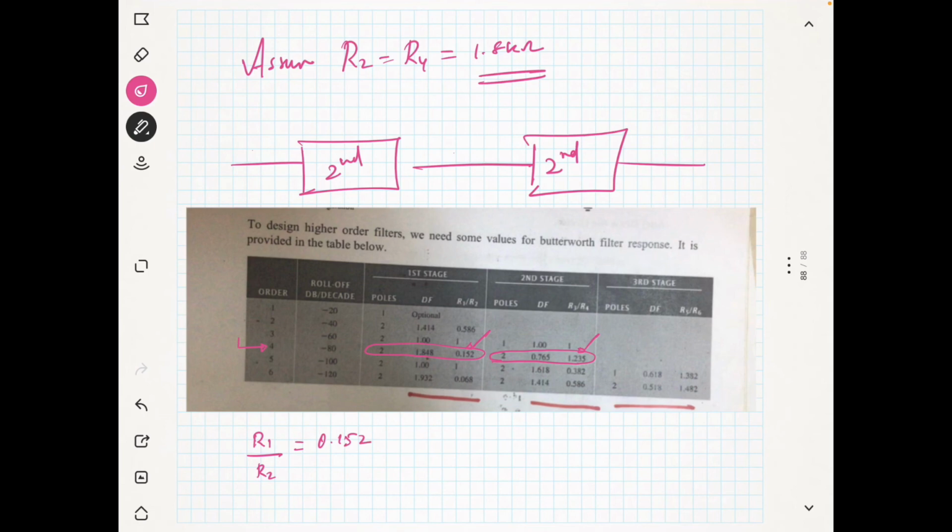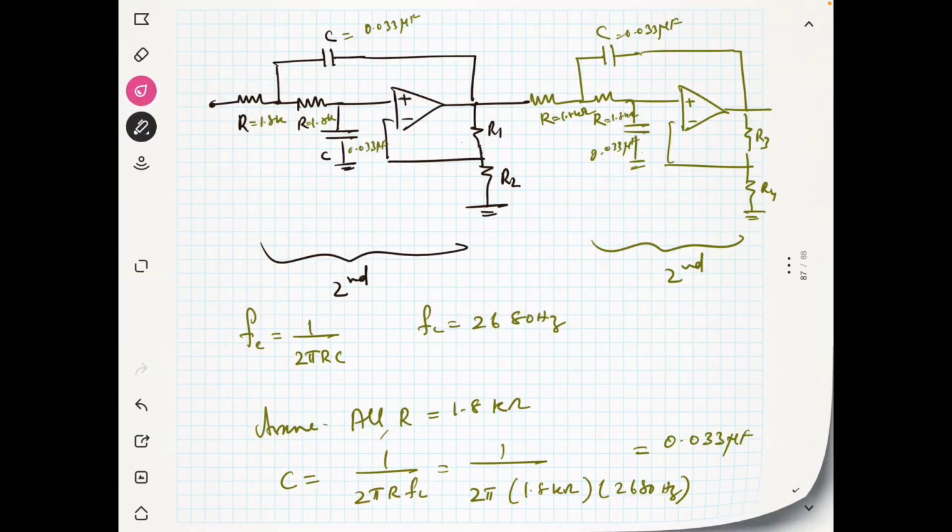So R1 is equal to 0.152 into R2, which is 0.152 multiplied with 1.8 kilo ohm, equal to 274 ohms. So this is 1.8 kilo ohm, and this becomes 274 ohms.